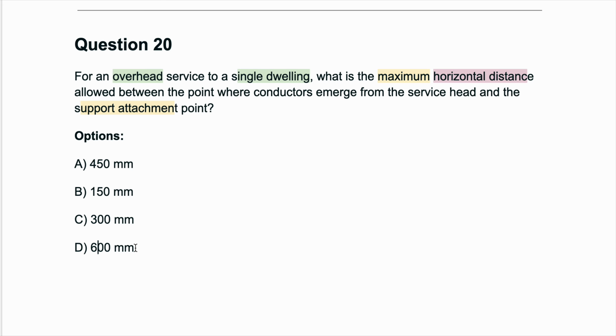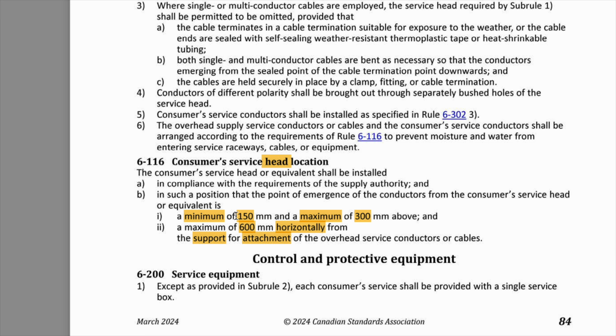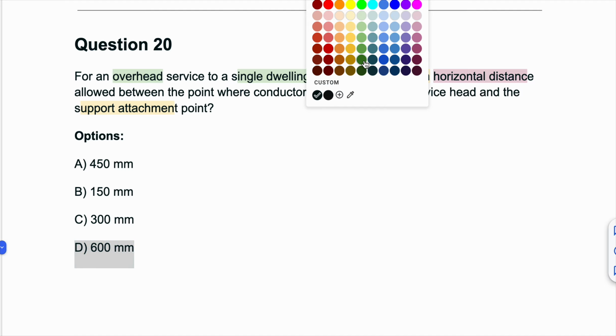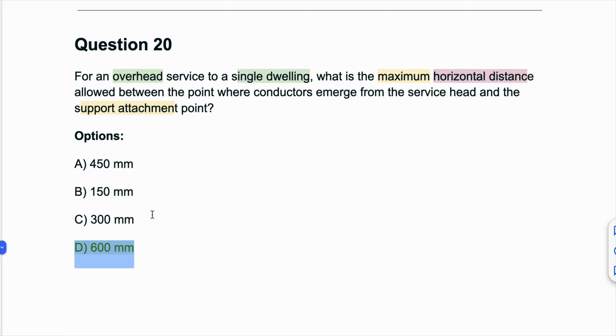If we change it to 600, it is the answer, because it's talking about the horizontal distance, not the vertical. So from the first support of the service head, overhead service. Let's mark this one as the correct answer.